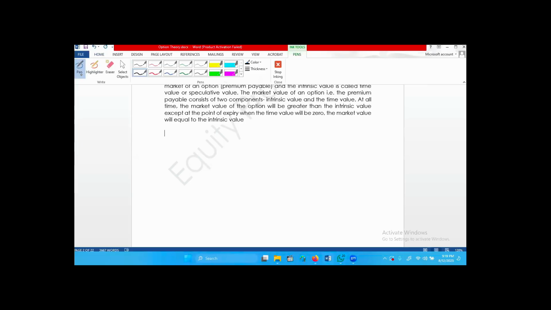Let's go on. We said option is the right to buy or sell an asset at a predetermined price within a specified period or at a particular future date. Let us illustrate this.